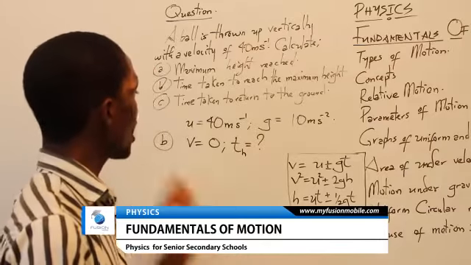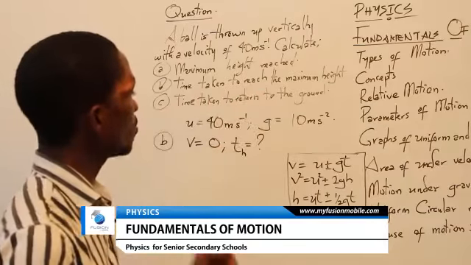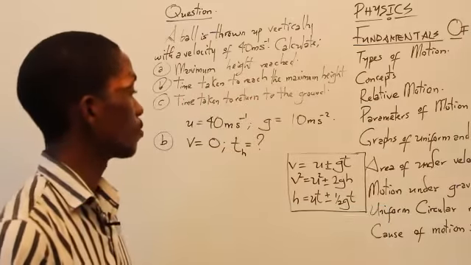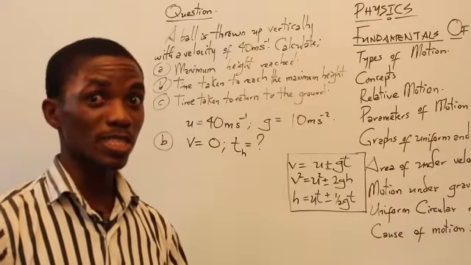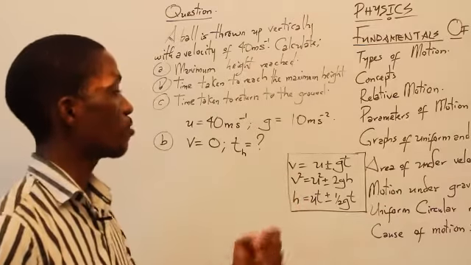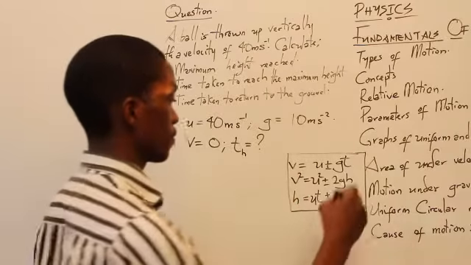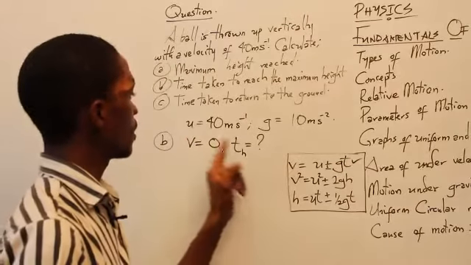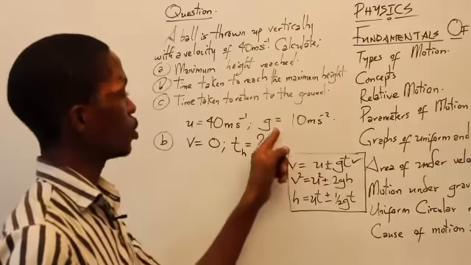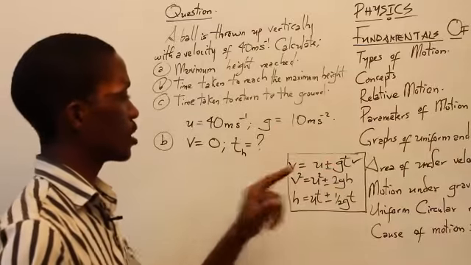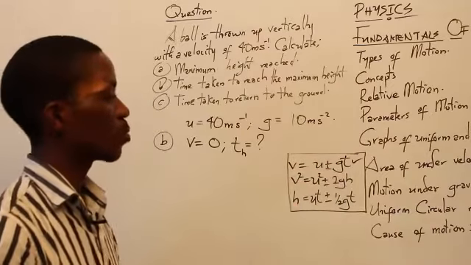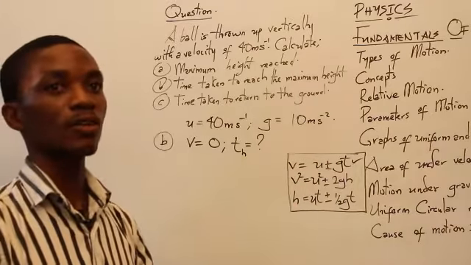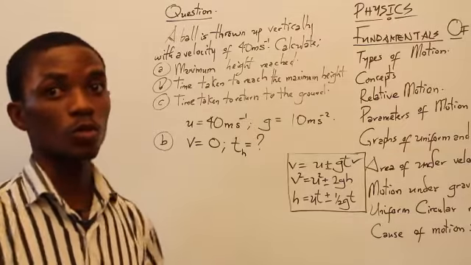So, which formula contains all of these parameters? This time around it comes a bit easier. Our very first formula. It has v, it has u, it has g, and it also has t. The other ones would have other things that we do not want to work with.